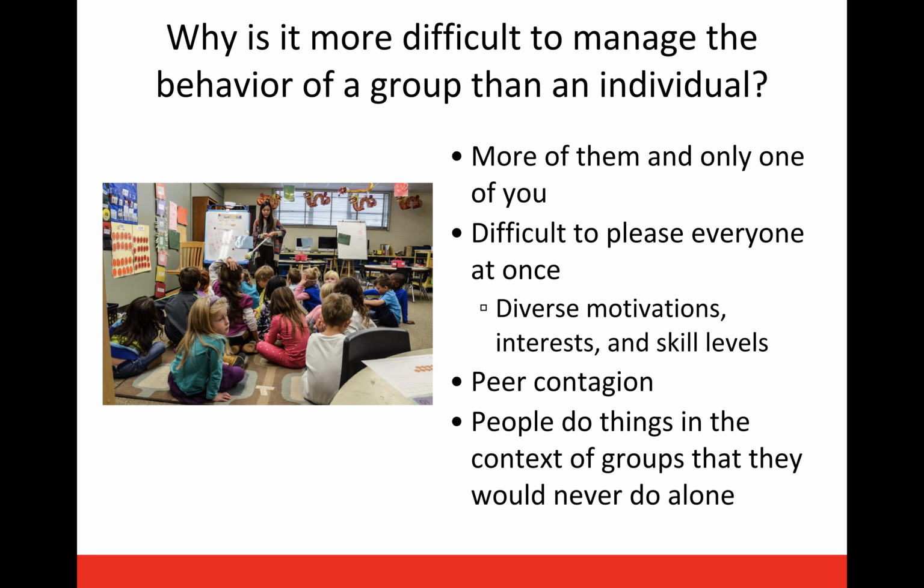It becomes more of a bigger problem or issue when you're working to manage the behavior of peers who are modeling each other or imitating the behavior of another peer, or working in groups. In some cases, they really can fuel those maladaptive behaviors. So these are some of the reasons why behavior is more difficult to manage in a group than with one individual.